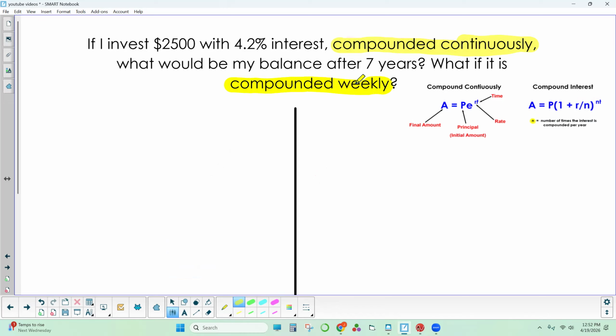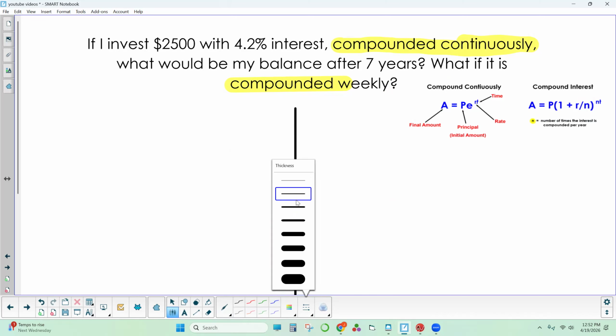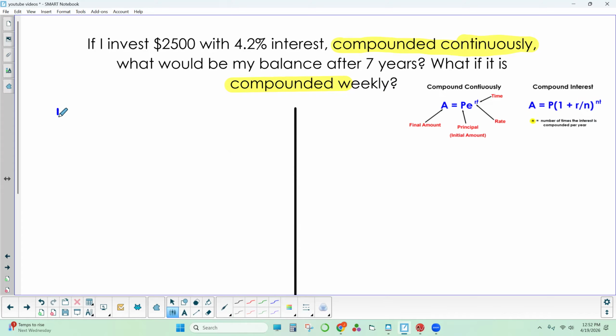Okay. So compounded continuously tells us that we are going to use the compound continuous formula, which is A equals P times E raised to the RT. All right. Now, 2,500 is your initial investment, so we're going to plug that into P times E, and then our rate is 4.2%, okay?